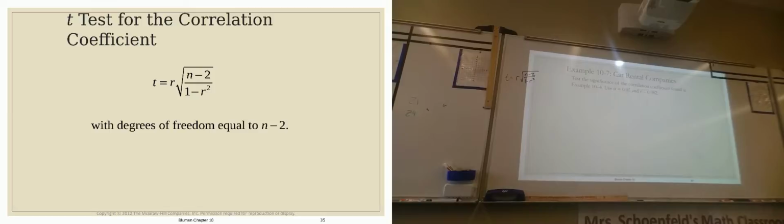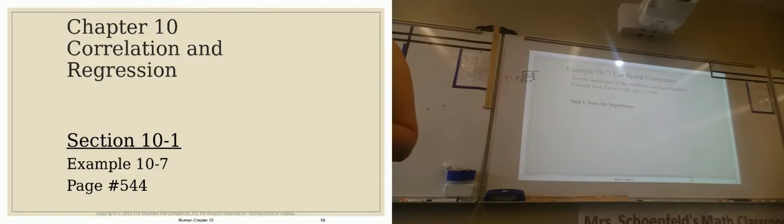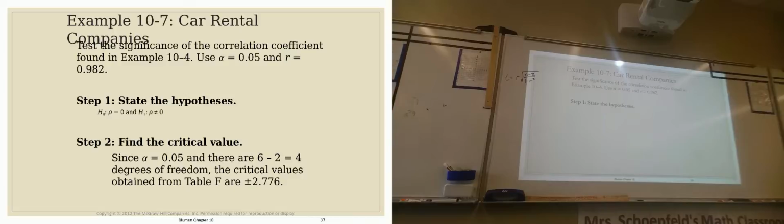Okay, so test the significance of the correlation coefficient found in example 10.4. Which one was that? We skipped 10.4. Okay, so let's read 10.4: compute the correlation coefficient for the car rental company.